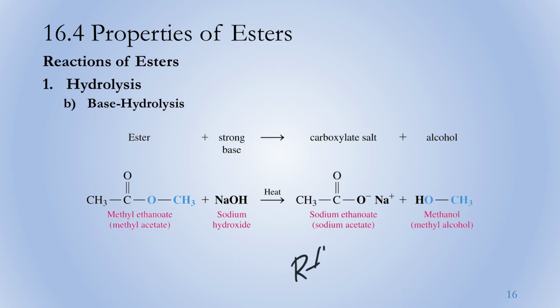And so you can have carboxylic acid react with any hydroxide base, and you'll get the RCO2 minus carboxylate salt. In the case they have here, sodium hydroxide makes sodium ethanoate.